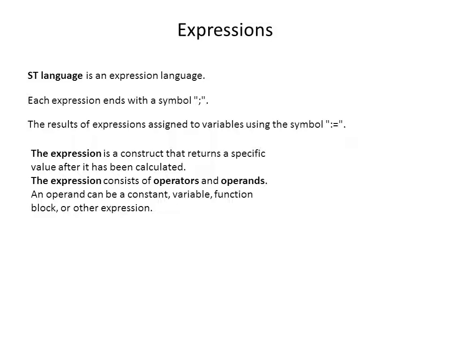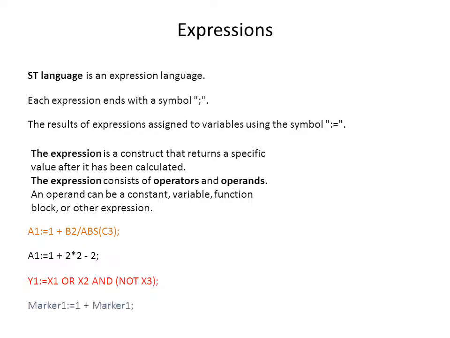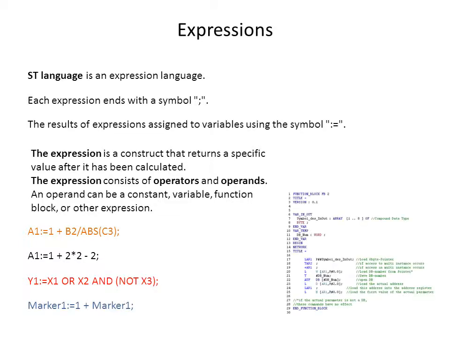An operand can be a constant, variable, function block, or other expression. So we see there are some expressions which can be used in our program. It can be like this, or like this, or like this. This is the common view of programming in the ST language.